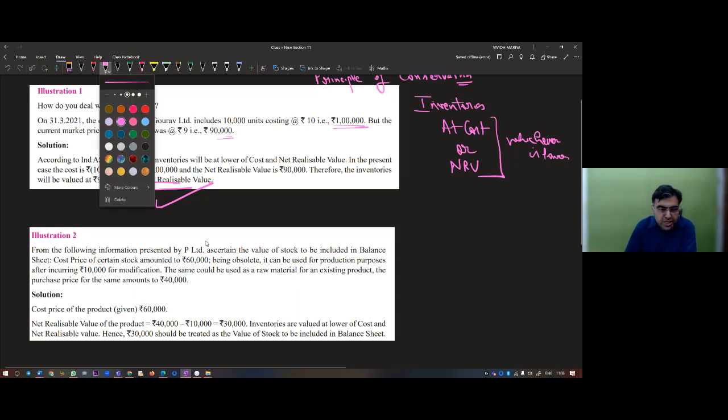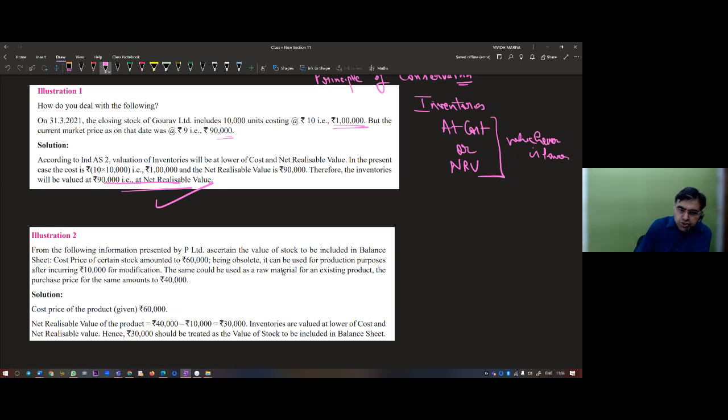The question says we have a stock, but it has become obsolete. Instead of the obsolete stock, if we have to replace it with a new stock, we have to pay 40,000.